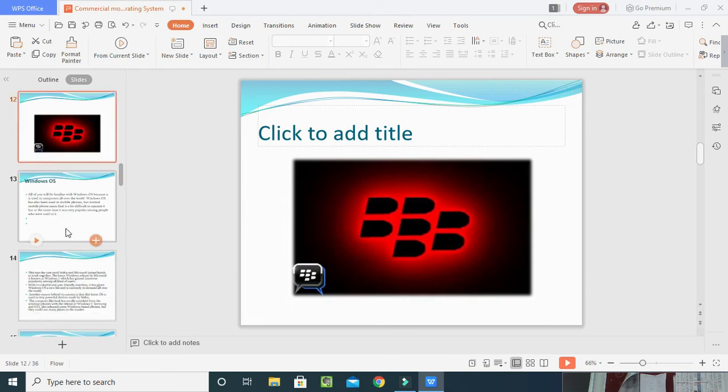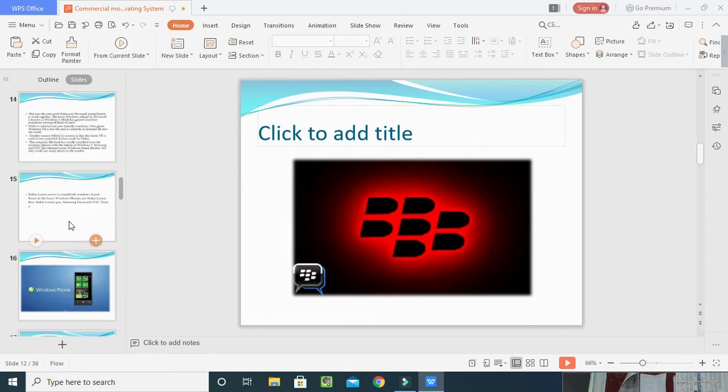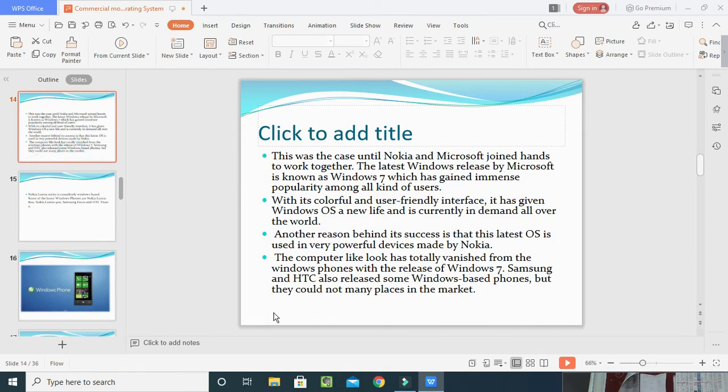Now we will go with the Windows operating system, how it looks and what its main use is. This was a case study when Nokia and Microsoft joined hands together. The latest Windows released by Microsoft is known as Windows 7, as you people are aware. It has gained immense popularity among all kinds of users.